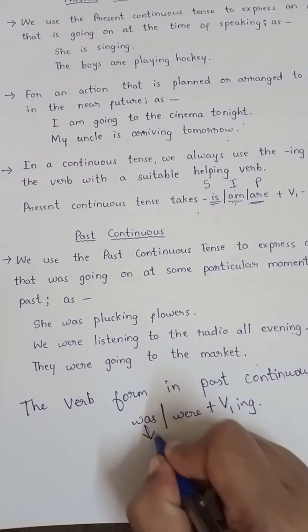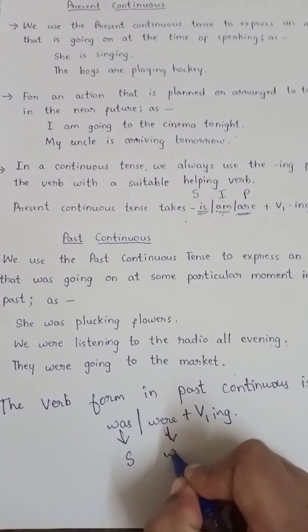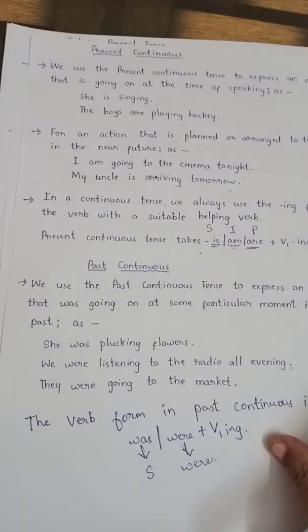So when the subject is singular we will use was, and when the subject is plural we will use were, children.